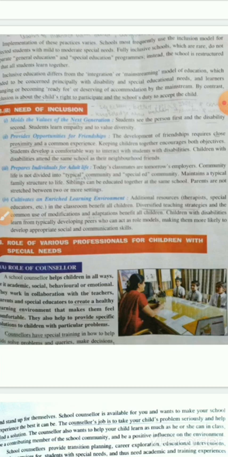Therefore, if we give education to both disabled and normal people, then normal people also get benefit from that. Children with disability learn from typically developing peers who act as role models, making them more likely to develop appropriate social and communication skills.